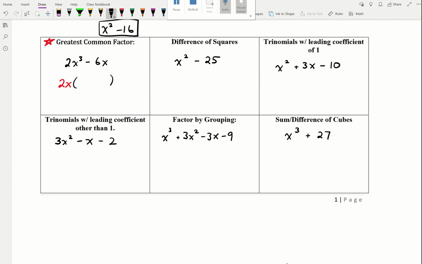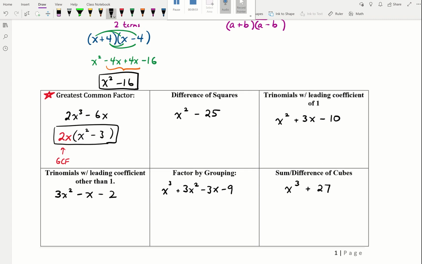So 2x times x squared is going to give us 2x cubed. And 2x times negative 3 is going to give us negative 6x. That is our GCF right there. And those would be the factors using GCF.